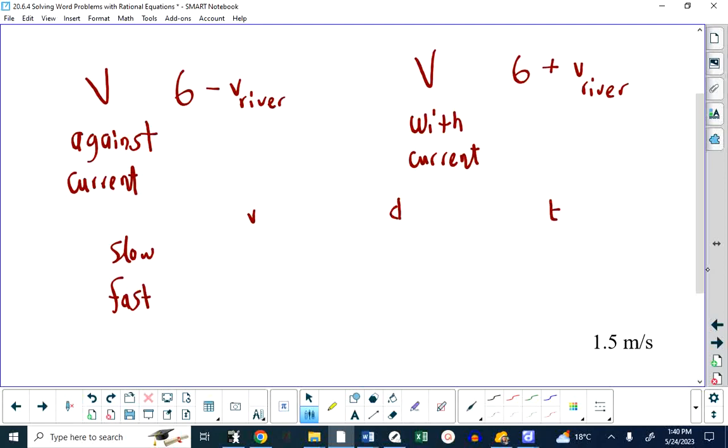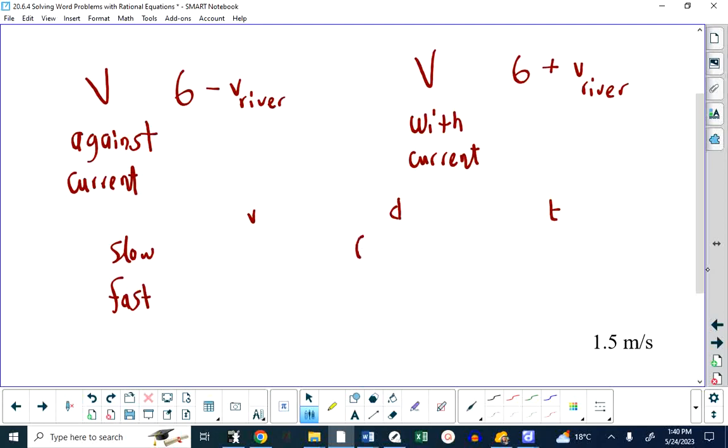And we're going to fill in one of the columns with numbers. Is there something we know? What do we know? It's the distance, right? 6.75 kilometers there, 6.75 kilometers back.